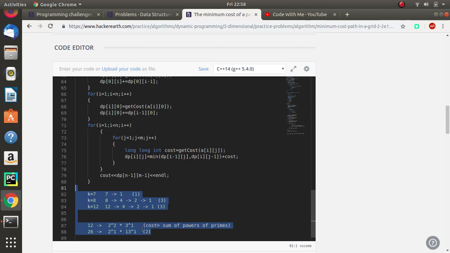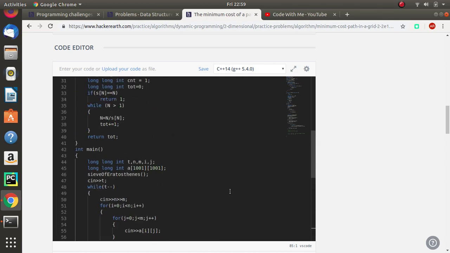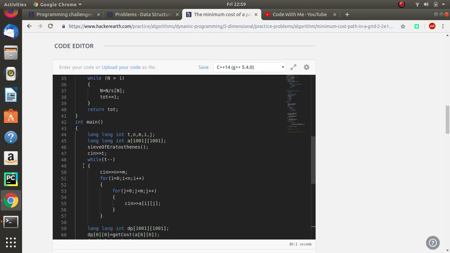Now we need to find out how many steps, and basically we need to find the prime factorization, or the primes which divide this number. For this, let me give you a walkthrough of the code. It takes test cases, input n rows and m columns, then takes the matrix input. Then only once we will call the sieve function.